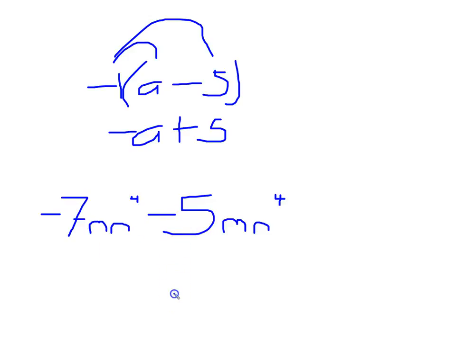So first off, we end up with m n to the 4th, and now we just have to do negative 7 minus 5, which is negative 12. So that is section 7 in a nutshell.